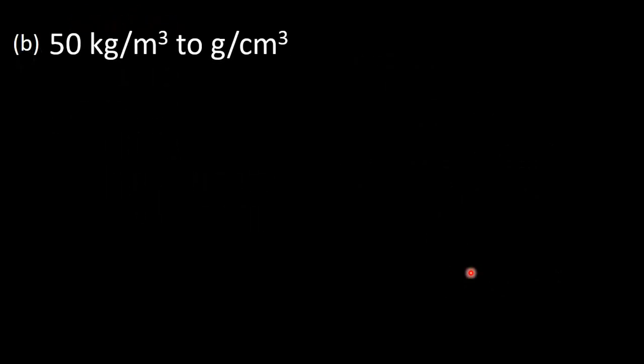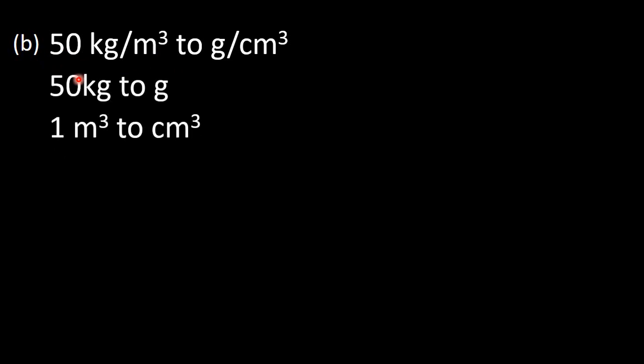Part B, 50 kilograms per cubic meters to grams per cubic centimeters. Now we know that this is the same as having 50 kilograms divided by 1 cubic meter. So we shall convert the 50 kilograms to grams, and then the 1 cubic meter to cubic centimeters. Now first of all, let us convert the 50 kilograms to grams.